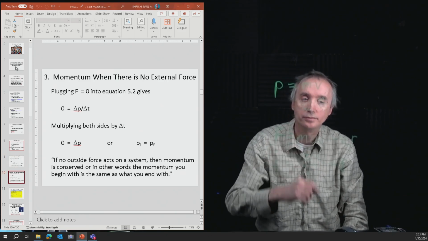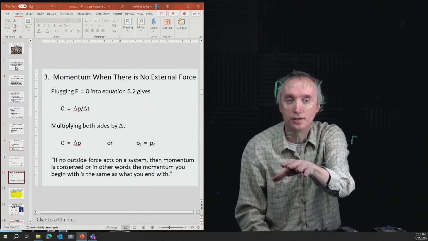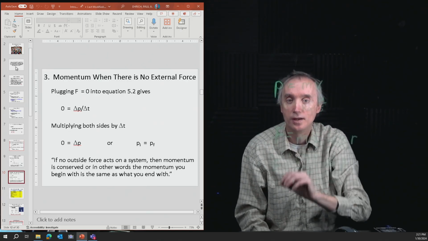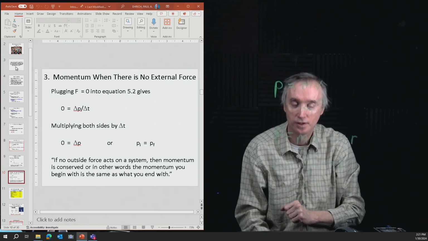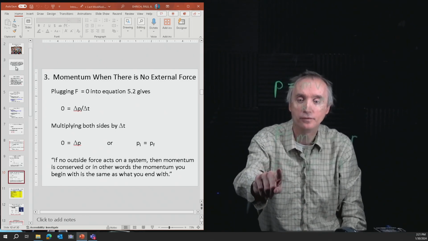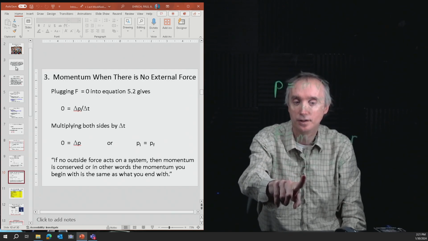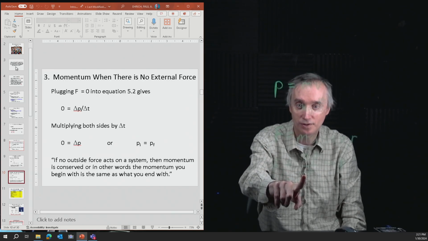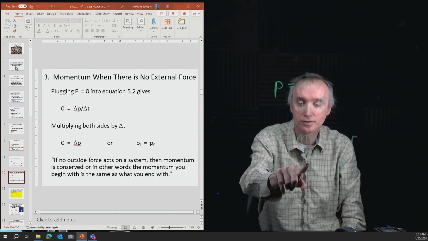Okay, the first application of this formula is, let's assume that there is no force acting on the system. So if no force is acting on the system, then F is going to be equal to 0. You can multiply both sides by t, which means it's still going to be 0. So you've got 0 equals the change in momentum.